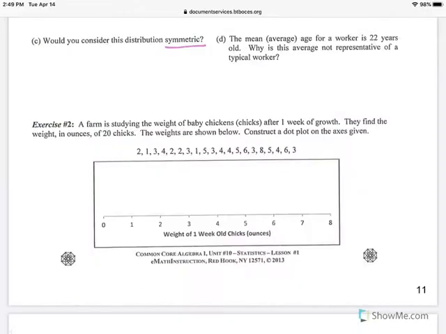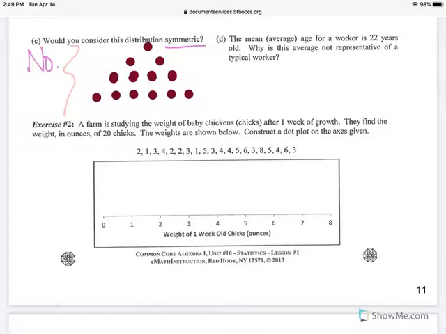So clearly this is not symmetric. And to show that, I'll draw you what a symmetric dot plot should look like. Now, this is obviously a rough sketch, but this picture right here is what a symmetric distribution of a dot plot would look like. But again, it's very rough.